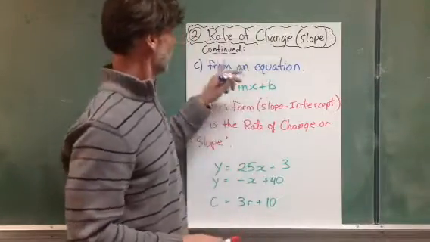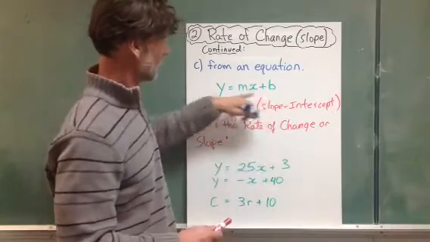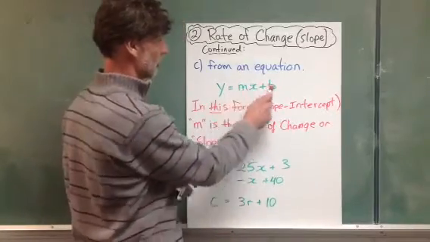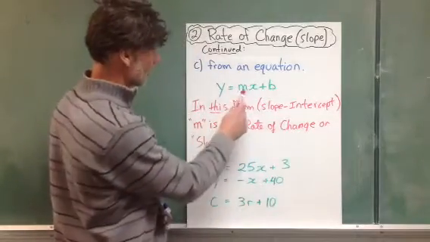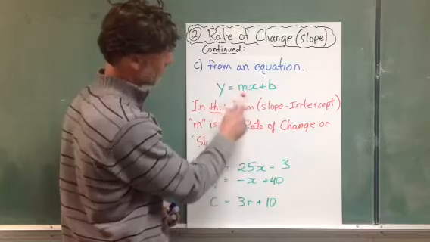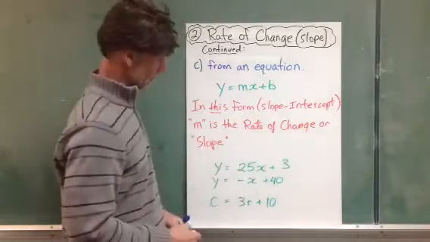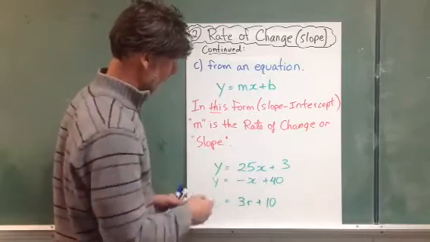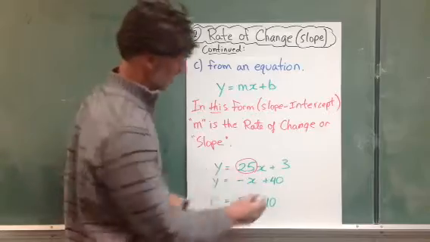Finally, the rate of change from the equation. Okay? In this form, the slope-intercept form is what we call this. Slope-intercept, for obvious reasons that you'll soon see. M, this value, the coefficient of the x, is always going to be the rate of change or the slope. So looking at these, the rate of change or the slope is the coefficient of x.